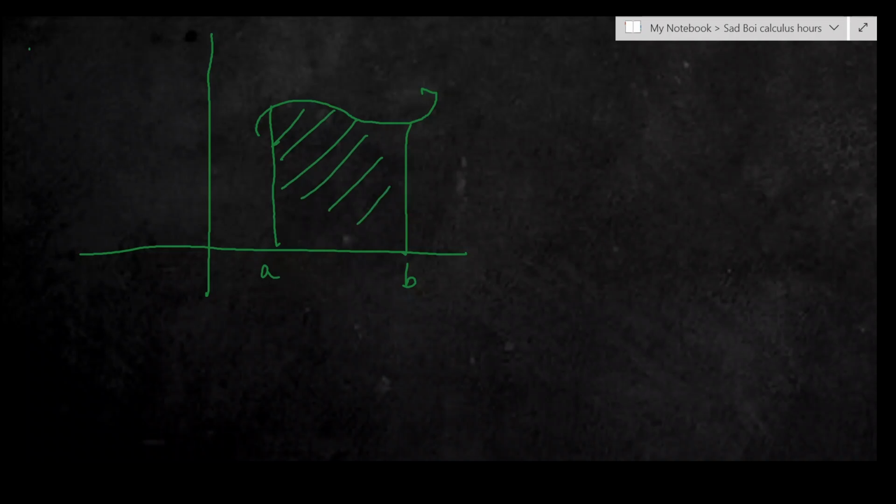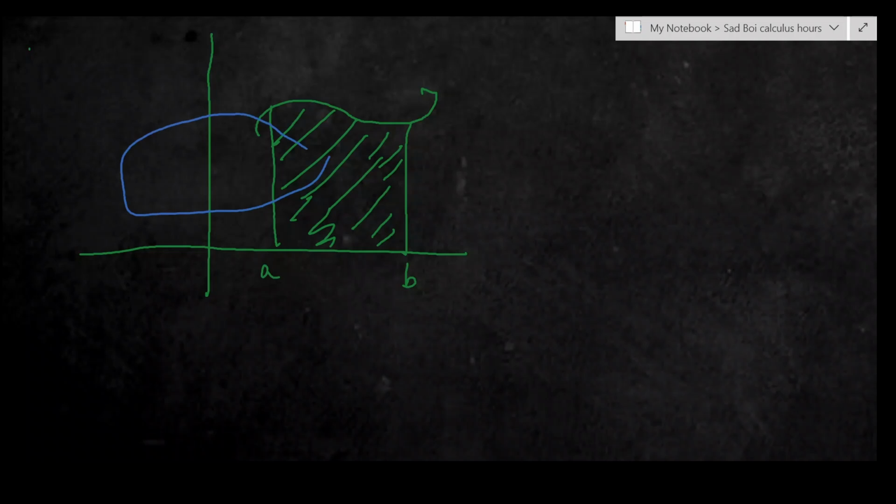Now, let's consider you have this curve, you have the area between A and B, this area. Now what we discussed earlier on was that this area was being revolved around the x-axis.